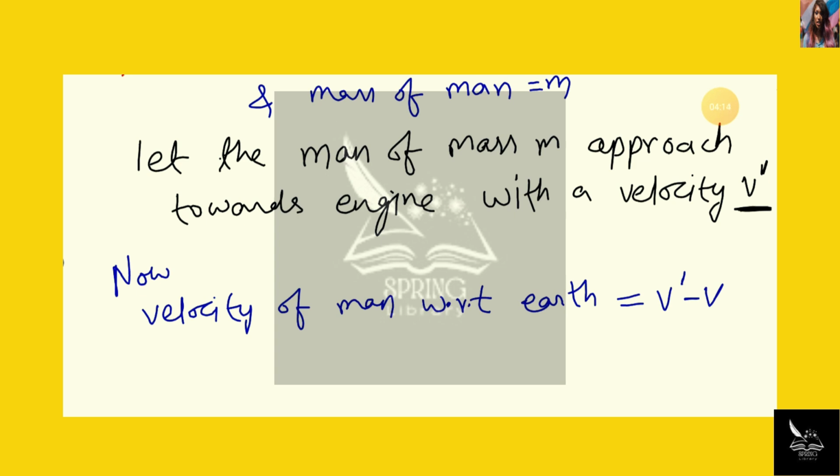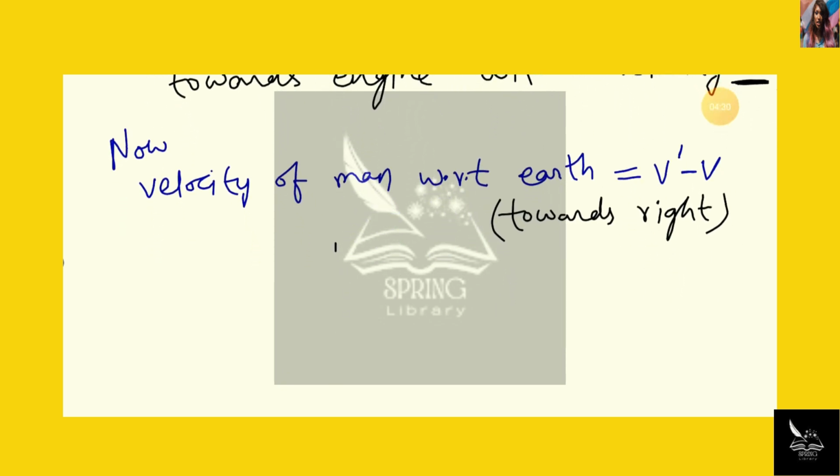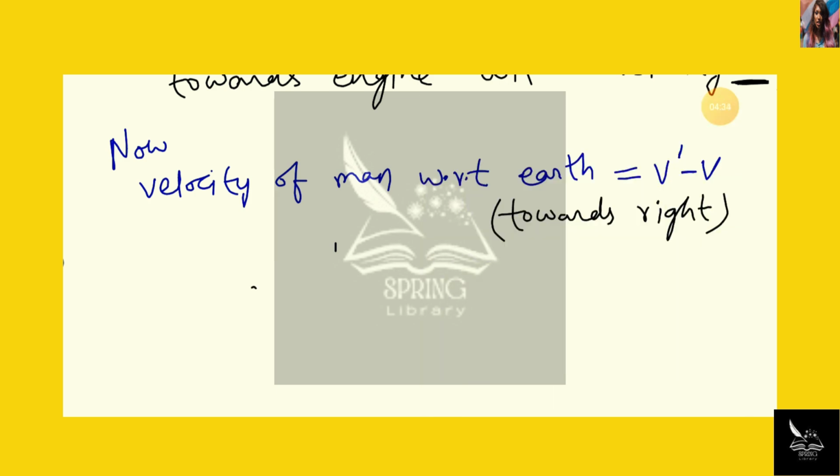So the velocity of the man with respect to the earth is v dash minus v, and the direction is towards the right. So now the next step: here you can see that there is no external force acting. So I can say that the velocity of the center of mass will be equal to 0.